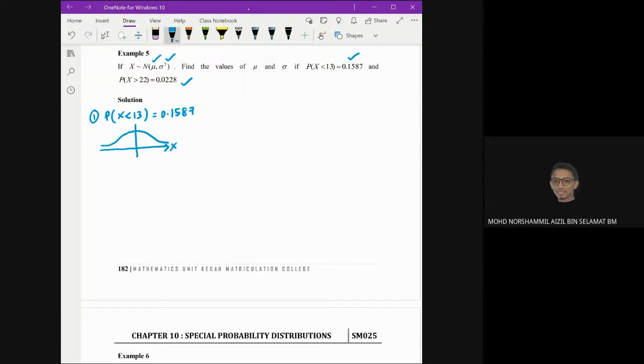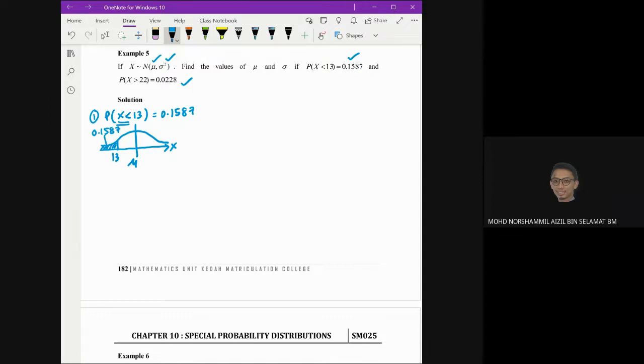This one for x distribution. So mu in the middle. Okay guys, 13 will be on the left, why? Because x less than 13 will be 0.1587, so this region is 0.1587.